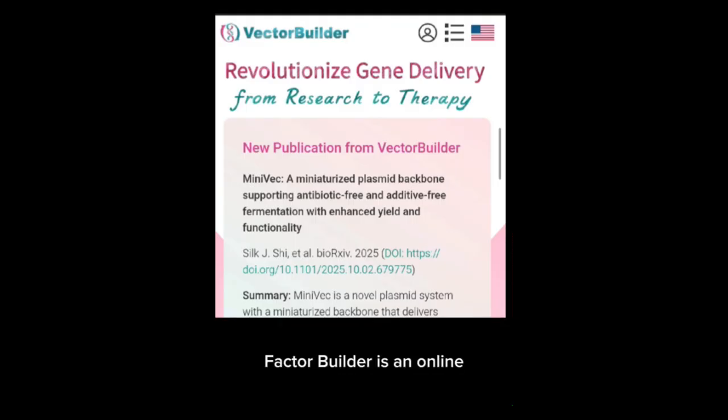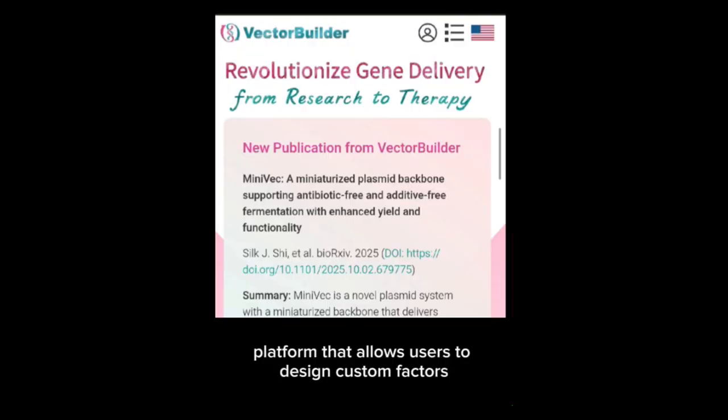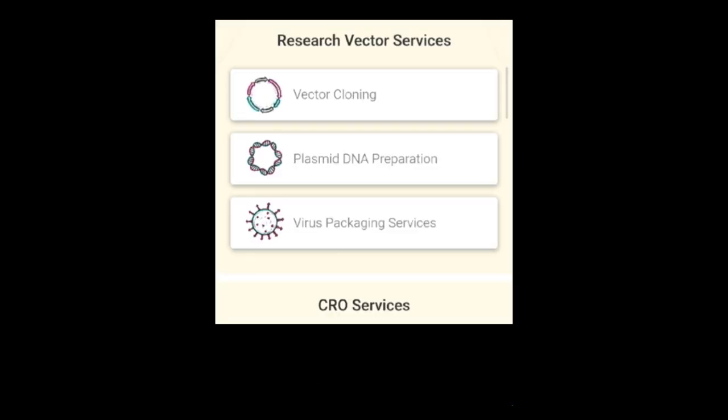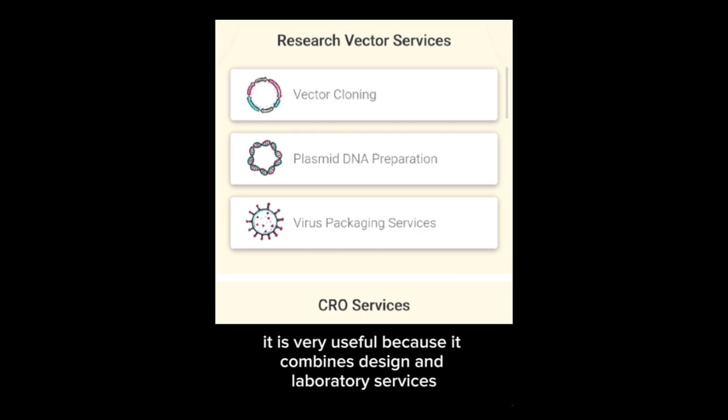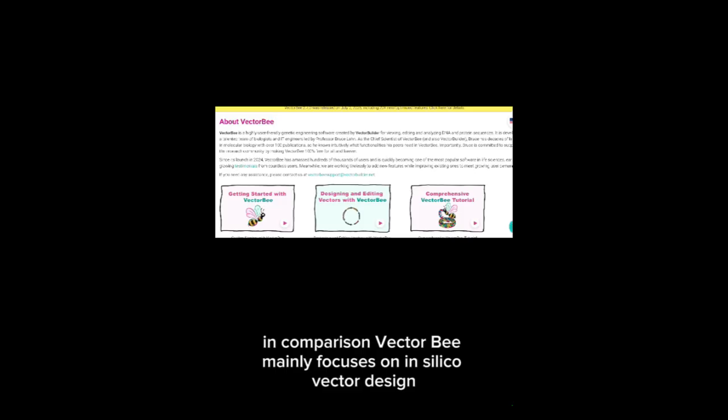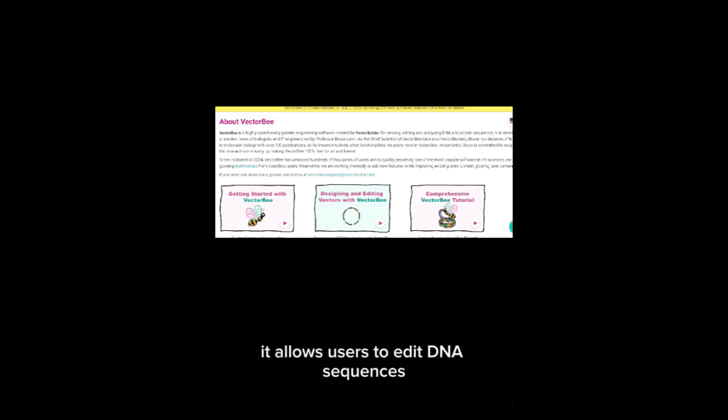Vector Builder is an online platform that allows users to design customized vectors and directly proceed to vector construction and production. It is very useful because it combines design and laboratory services in one workflow. In comparison, VectorB mainly focuses on in silico vector design. It allows users to edit DNA sequences, annotate vectors, and plan cloning strategies.